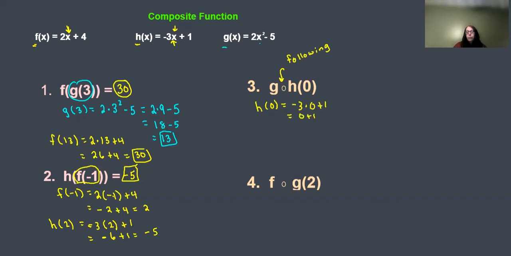is 1. So now we're going to take that 1 and substitute it in for h of 0, and now I have g of 1. Go to your g function, and where you see an x, you're going to put 1. So it's 2 times x squared minus 5.